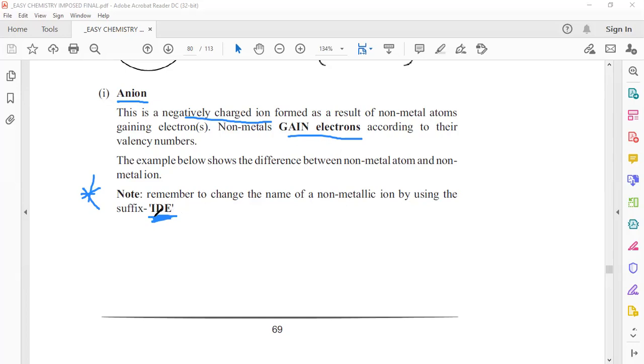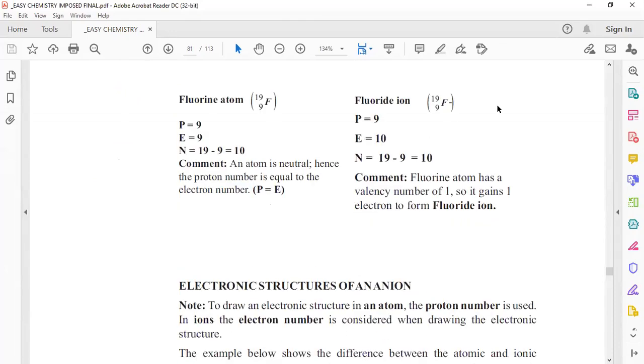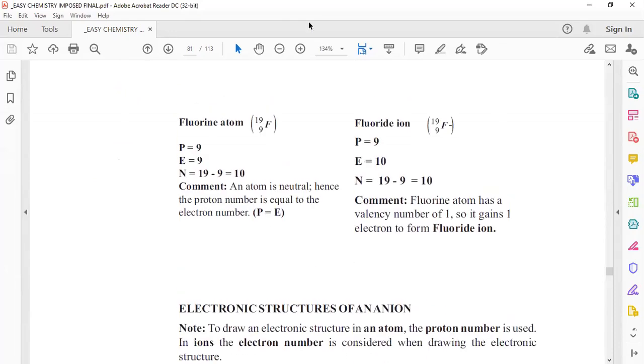They use a suffix of -de or -ide. So what was called oxygen atom becomes oxide ion. What was called fluorine becomes fluoride ion. Now let's look at the comparison of fluorine atom and fluoride ion.